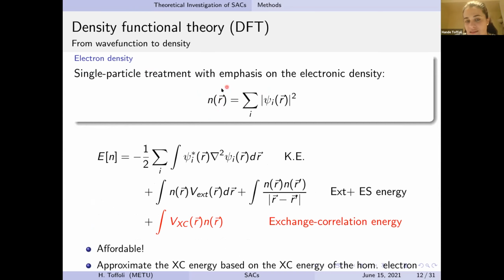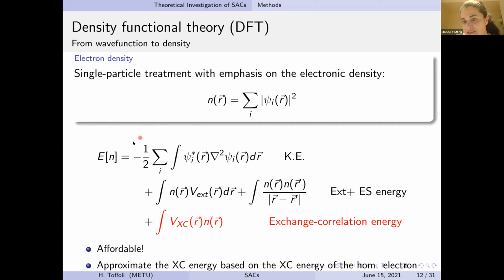We write the density in terms of single particle-like orbitals. The details are not that important. These orbitals are in the beginning not specified. We have to solve some equations to get to them, but we can write the ground state density using these orbitals. Now, using these orbitals, we fashion some sort of kinetic energy.